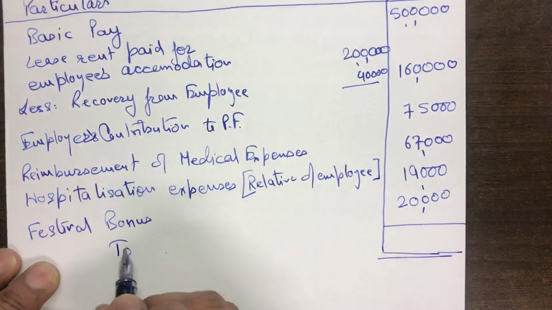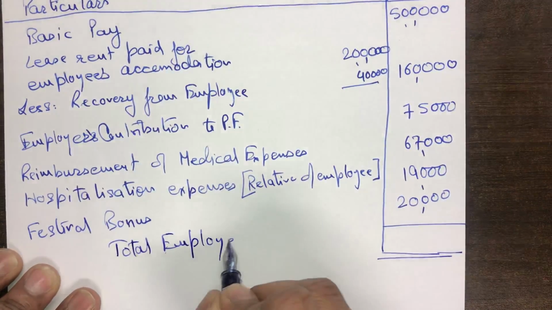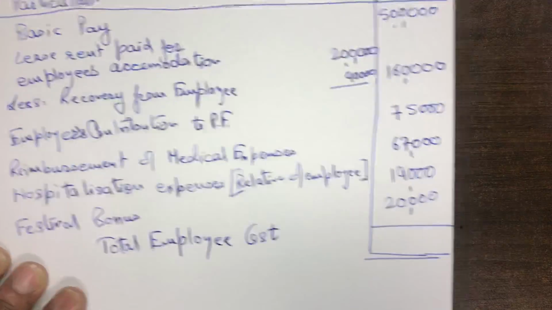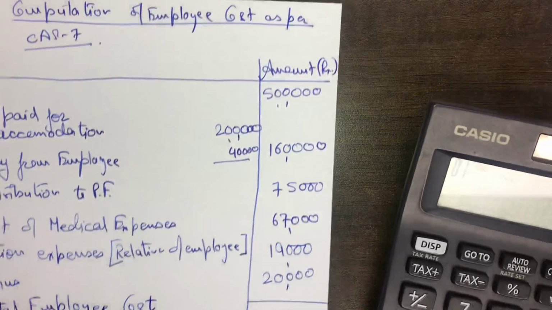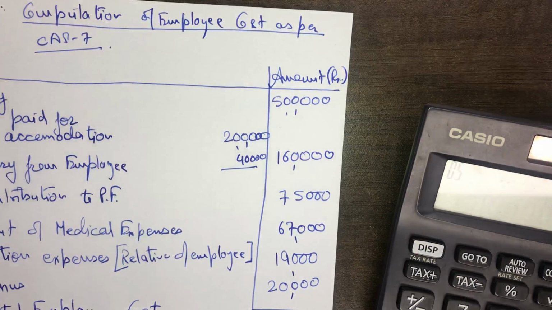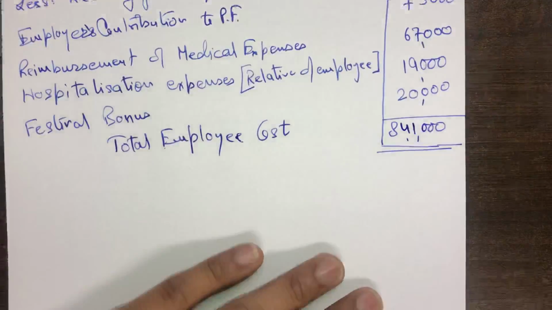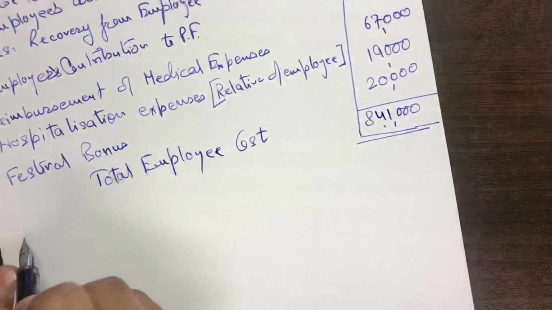So this finishes our line items. I am completing the question by just adding all these points. 5 lakhs plus 1,60,000 plus 75,000 plus 67,000 plus 9,000 plus 20,000. 8,41,000. This is the answer which we have arrived at, and we'll write a conclusion.